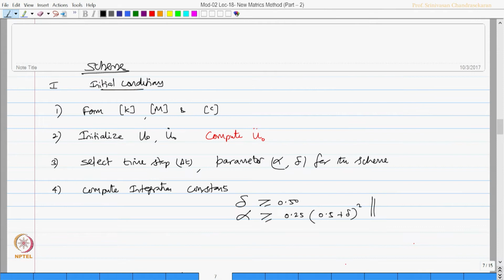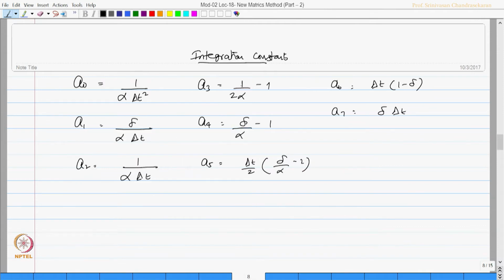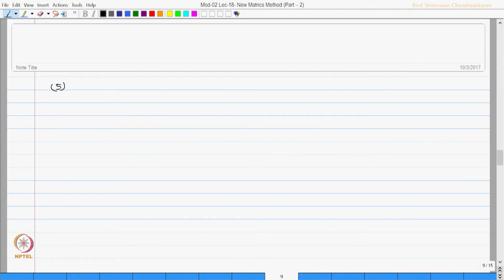Once I do this, I go to the fifth step. This says form effective stiffness matrix, which I call as k hat, which is given by original k plus A0 m plus A1 c.